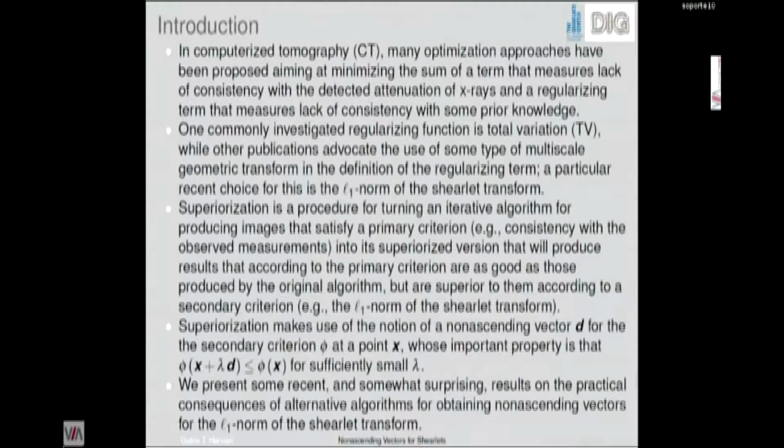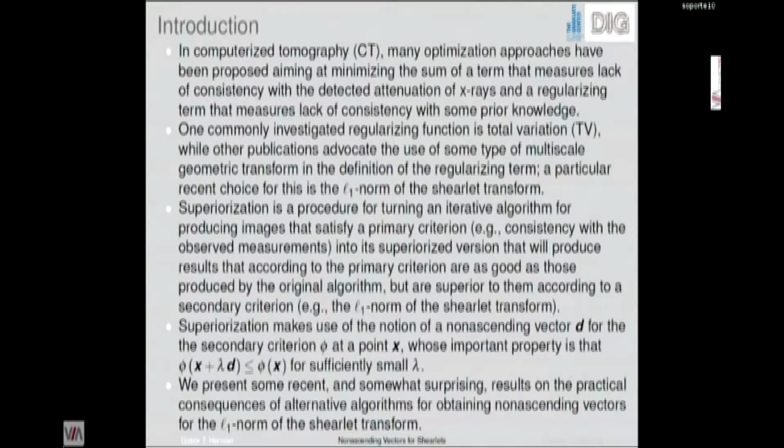So it sort of captures some aspect of it, but it's not that important that you get the minimum. Getting near the minimum is good enough. And superiorization is a heuristic approach which will give you something which is good enough.